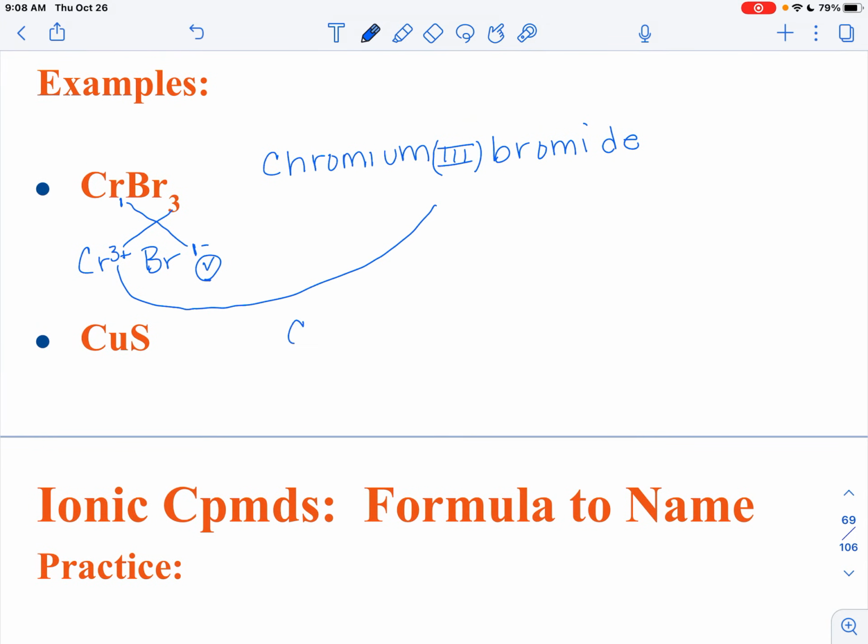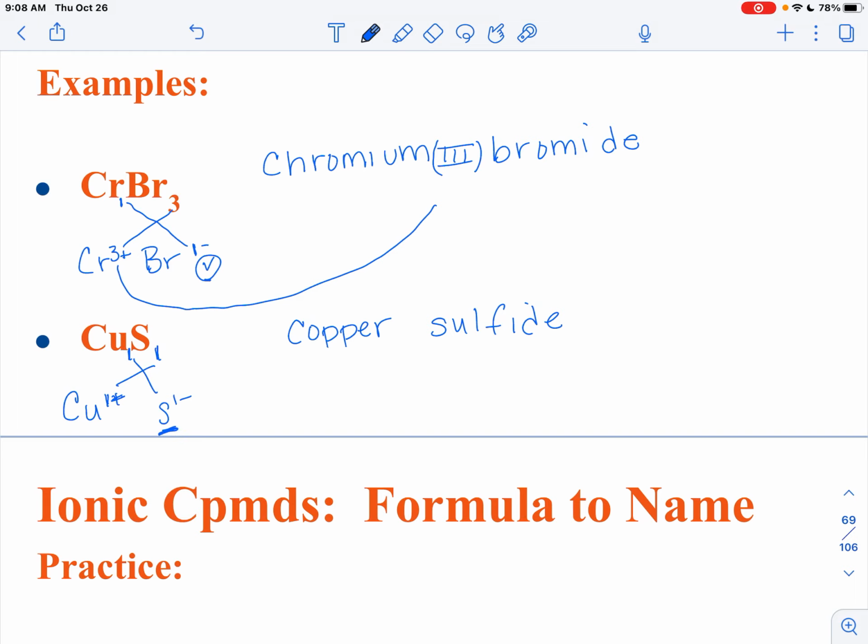So here we have copper sulfide. We do our reverse crisscross. We have ones for both subscripts, so we get 1 for both charges.